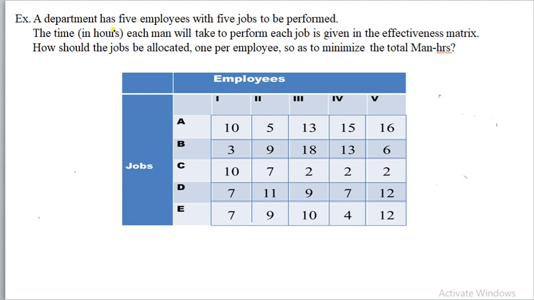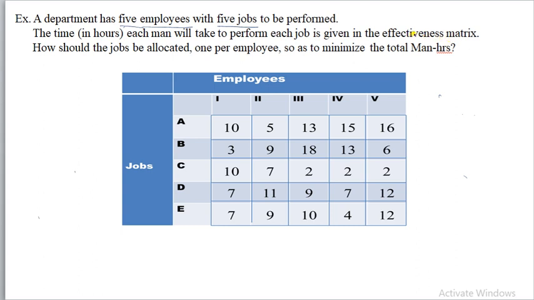The problem is given like this: a department has 5 employees with 5 jobs to be performed. So there are 5 employees in a department who are going to perform 5 different types of jobs. The time each man will take to perform each job is given in the effectiveness matrix.